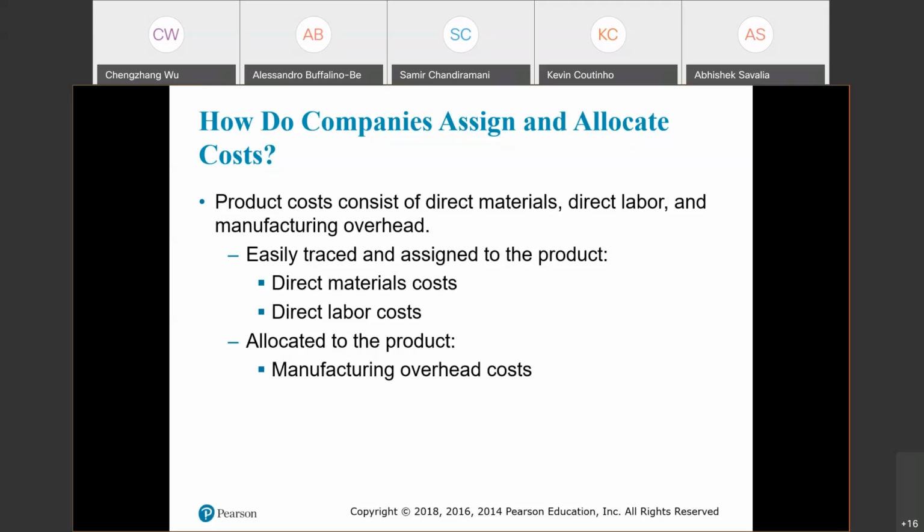Some examples of such costs include the rent, insurance, utilities, and property tax.